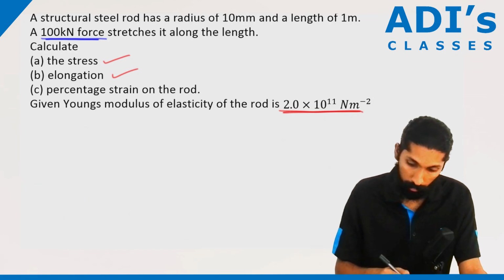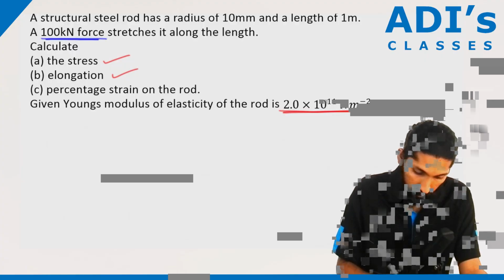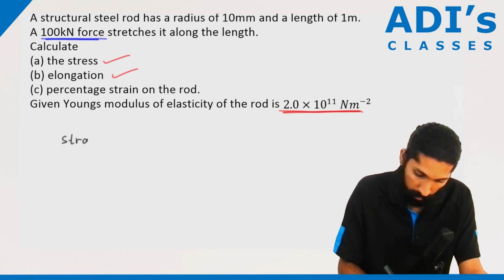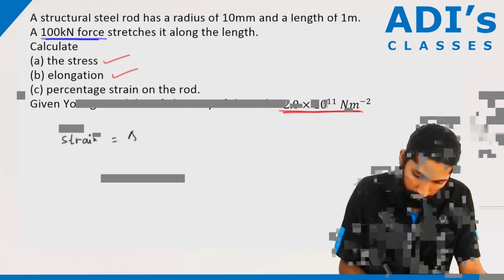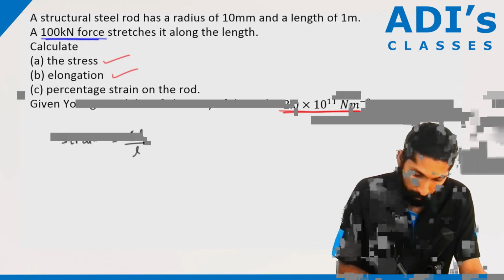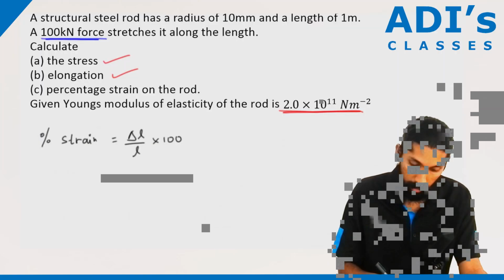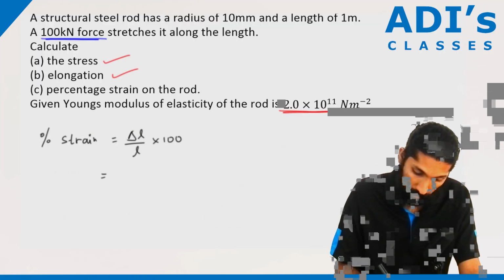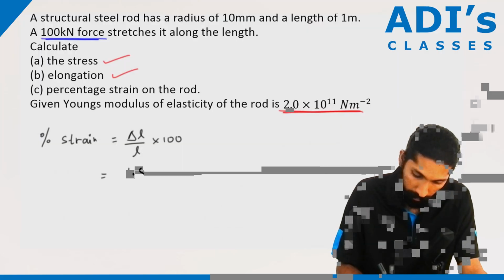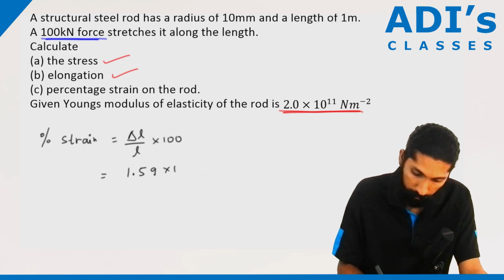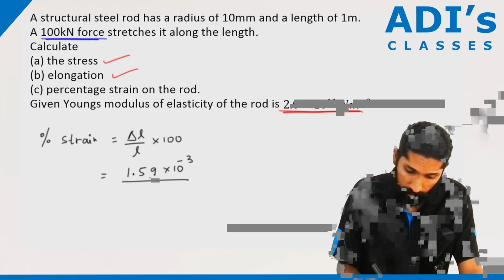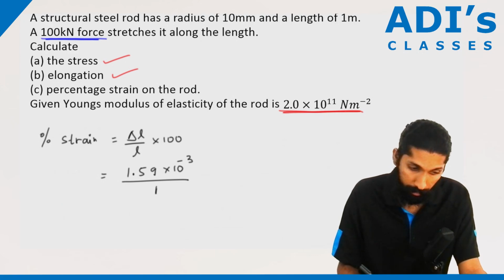That's it. First is strain. Strain is equal to delta L divided by L. So percentage strain will be this into 100. Now delta L is how much? We just calculated that: 1.59 into 10 to the power of minus 3 divided by the length, 1 meter, into 100.